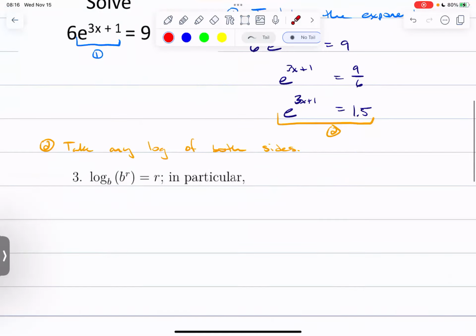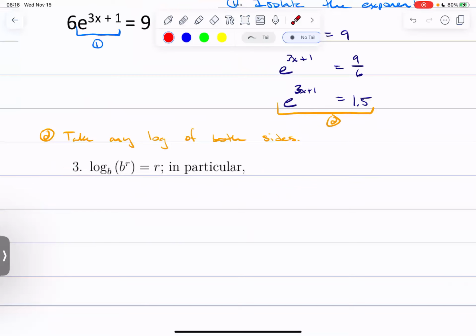I can't remember the exact proof, but just accept it. It's fact today. So you can be strategic about your log, or if you just always want to use log base 10, totally fine.